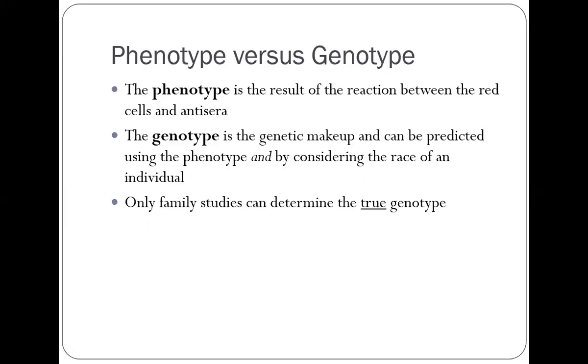And then we consider the race of the individual to determine what genotype they might have. Only family studies can truly determine the true genotype, so we would have to look at an entire family in order to determine what the actual genotype is. But we can look at the phenotype and then, based upon the race, determine a probable genotype for that patient.